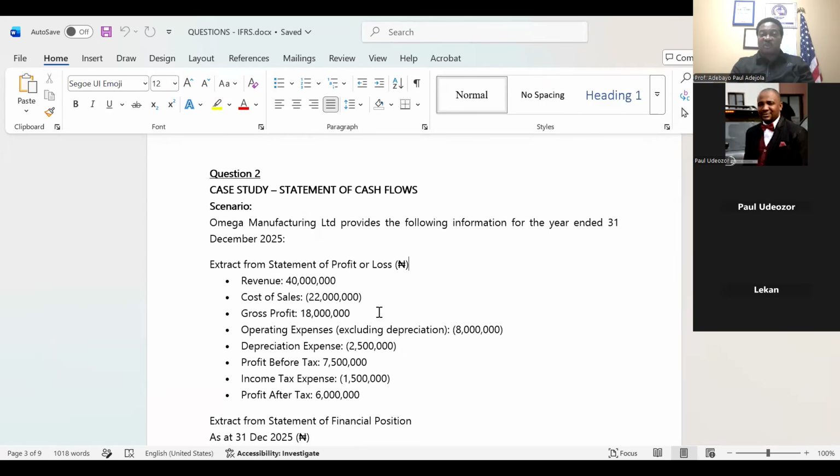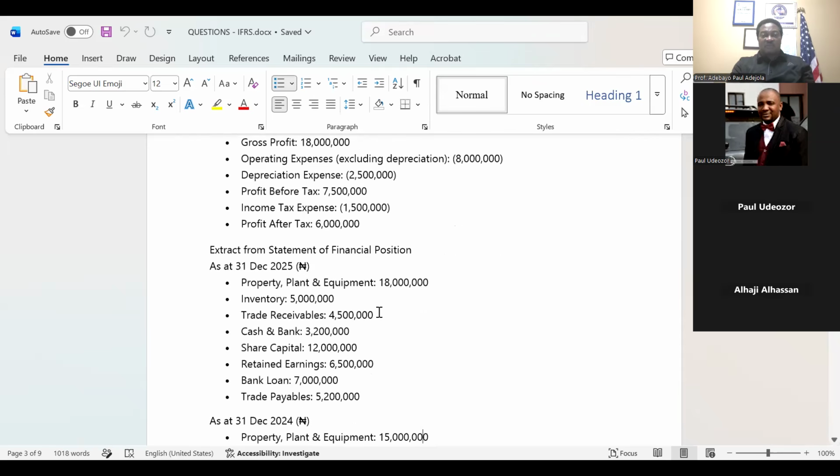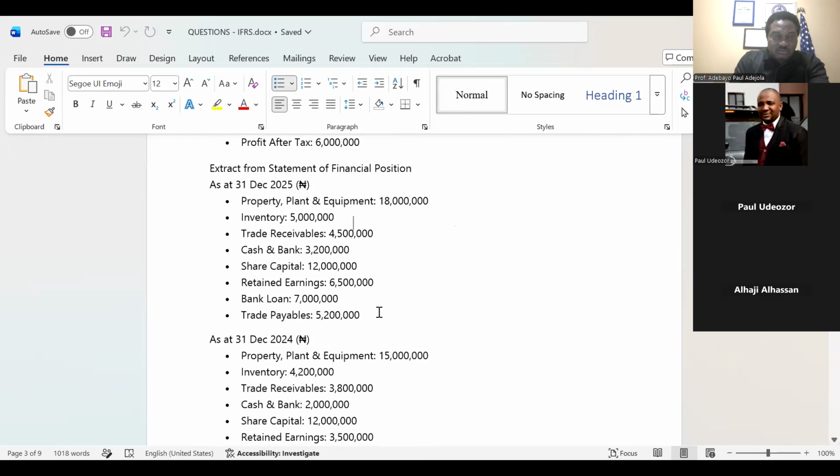Extract from statement of profit or loss: revenue 40 million, cost of sale 22 million in bracket, gross profit 18 million, operating expenses excluding depreciation 8 million, depreciation expense 2.5 million, profit before tax 7.5 million, income tax expense 1.5, profit after tax 6 million. We have an extract from the statement of financial position, given to us as at 31 December 2025, then as at 31 December 2024.